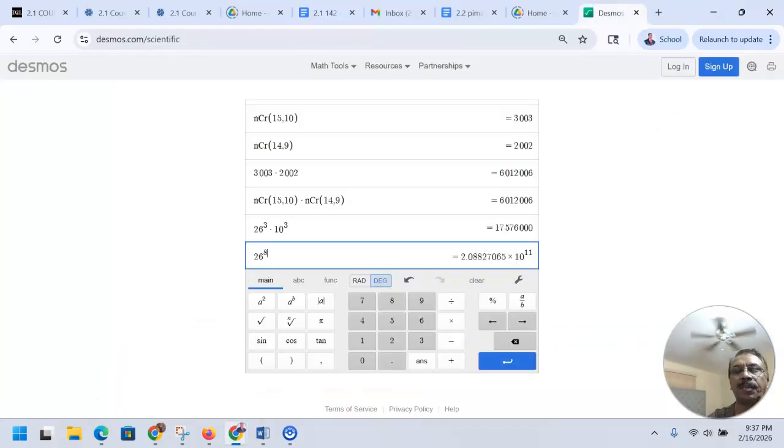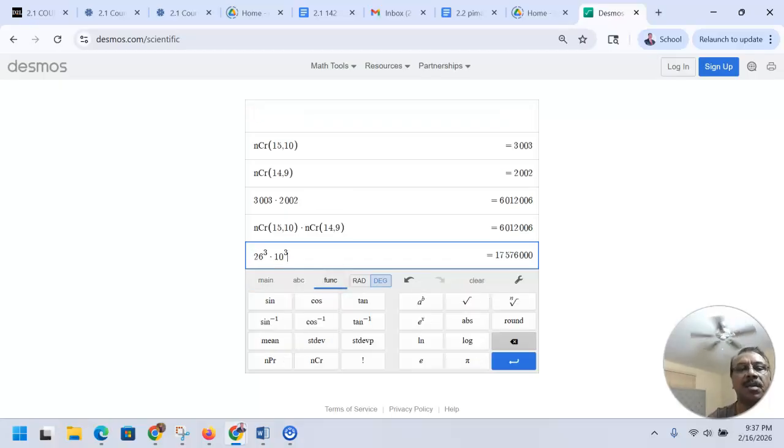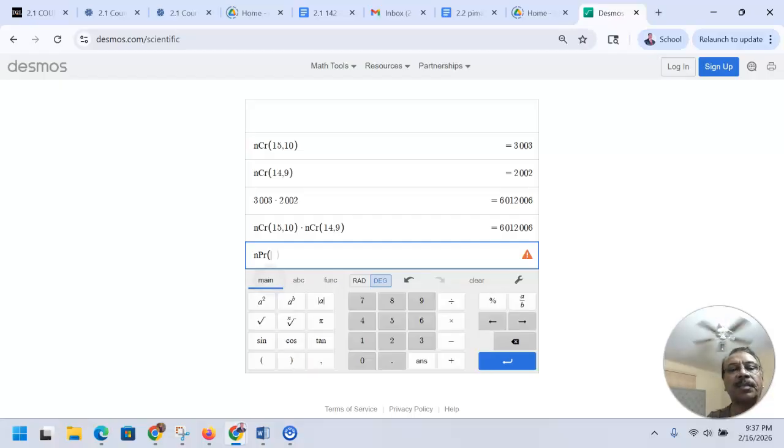So you put here, and just do your regular, go to the functions, nPr. Enter. So it is function nPr. We have seven of them, comma, and then put four.